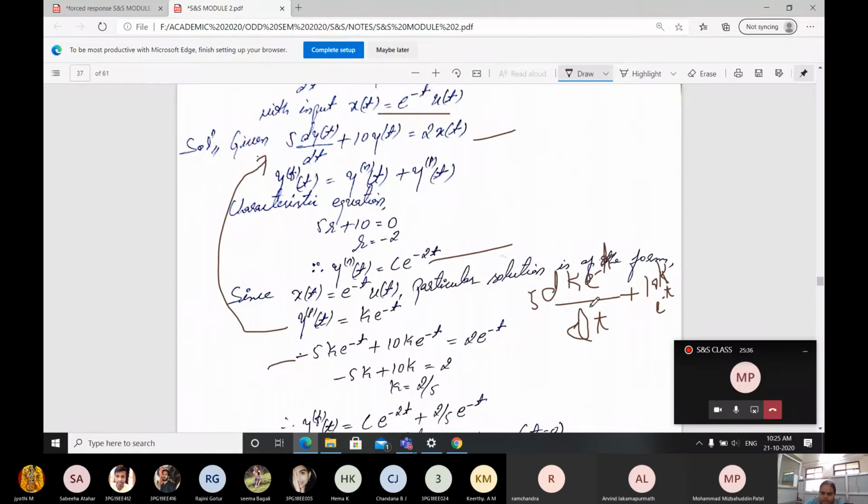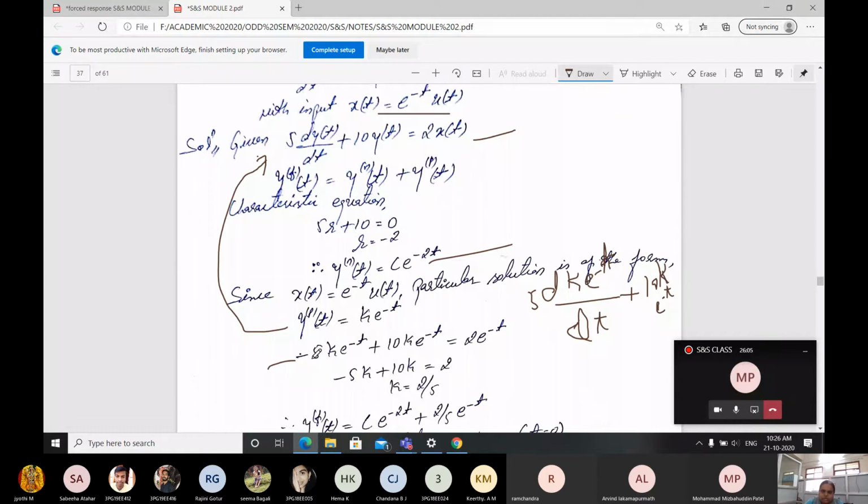After differentiation of this, you will get minus. First you differentiate e raised to minus t, then differentiate the constant. Therefore, minus 5 e raised to minus t, differentiation gives minus 1. K is a constant, you keep it as it is, right? 5k e raised to minus t, after differentiating the constant k you get 0, right?